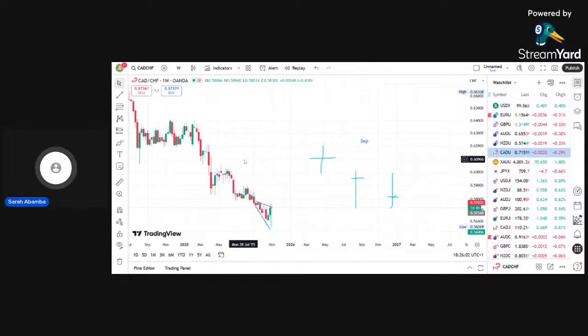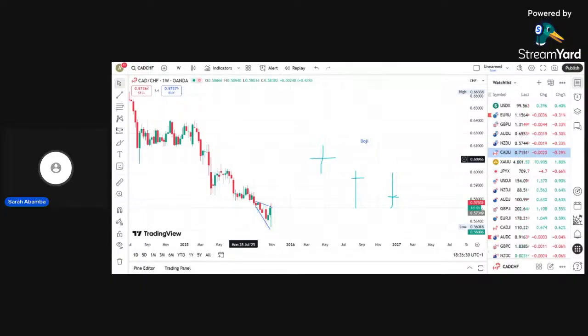Like I've explained before, the bullish and the bearish are opposite. For the bullish doji, if it is formed at support, remember that we started all this from the support, that means the market is going to go up, so what you do is place a buy order.